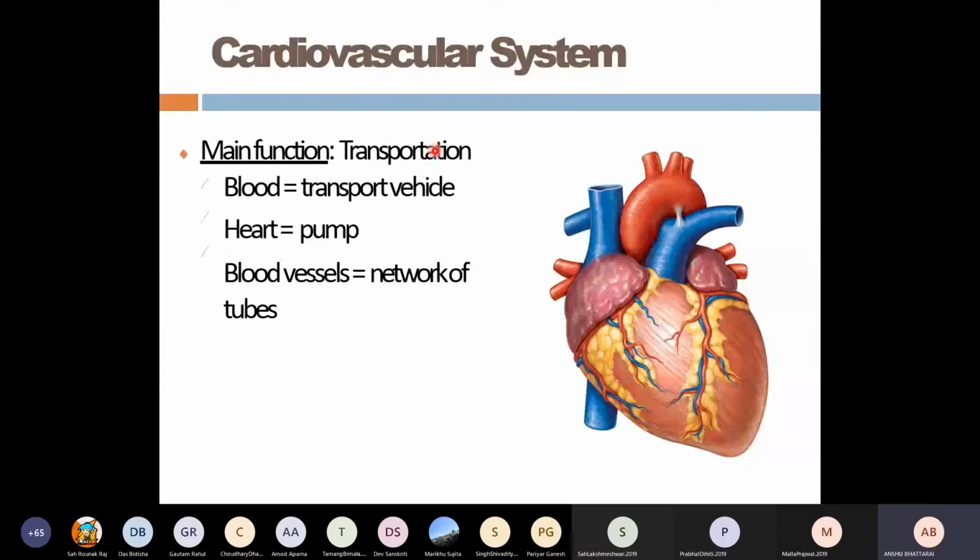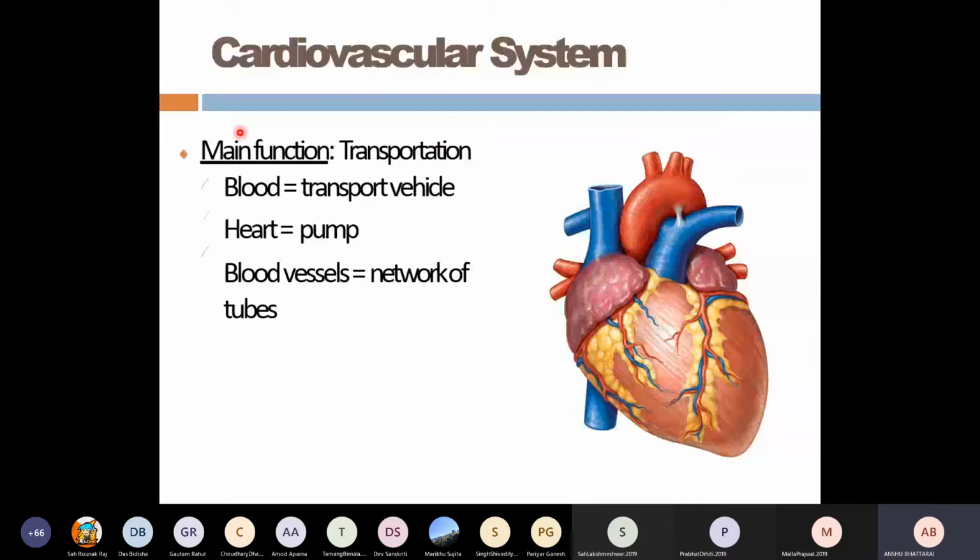And likewise, adjustment of oxygen and nutrient supply under various physiological conditions or states all falls under the function of the cardiovascular and circulatory system. So it is a very important system in our body, like other systems.